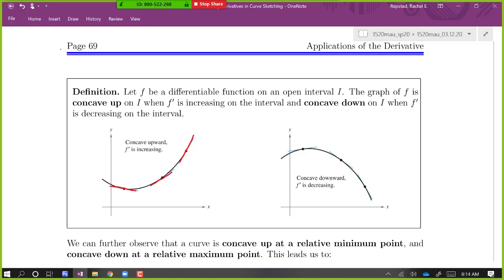So if these tangent slopes start out negative, they become positive, they increase more, they become more positive. This first derivative, f prime, is increasing as x moves from left to right.